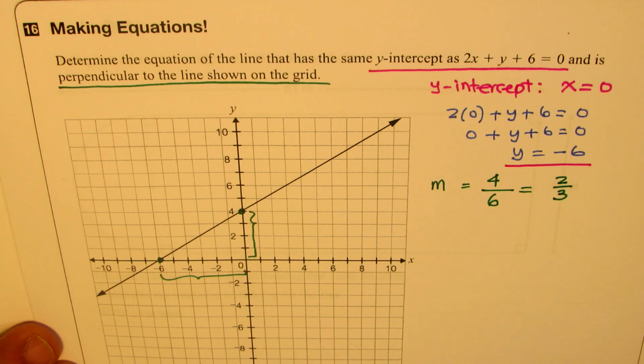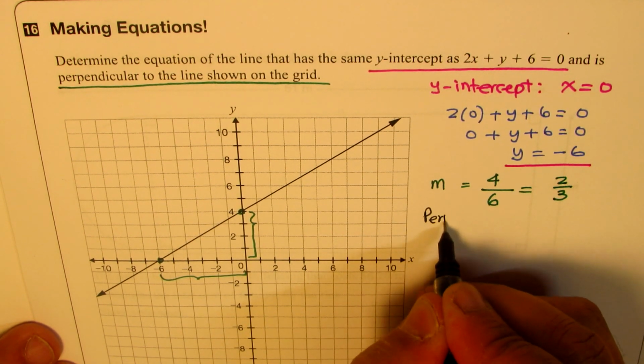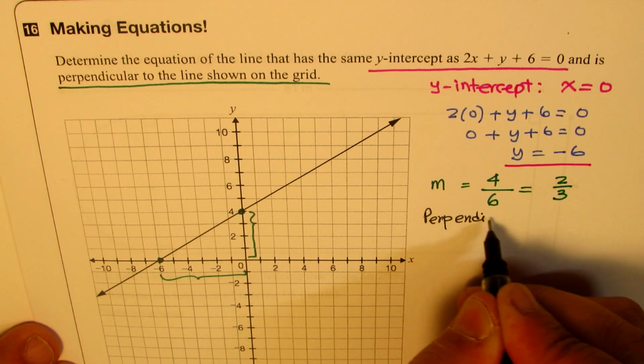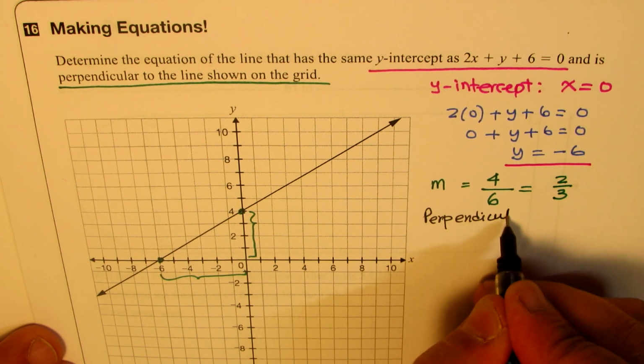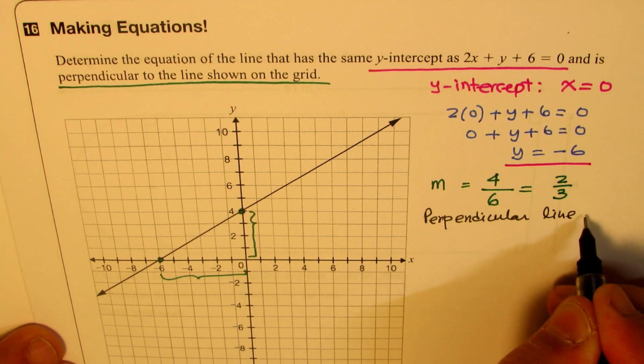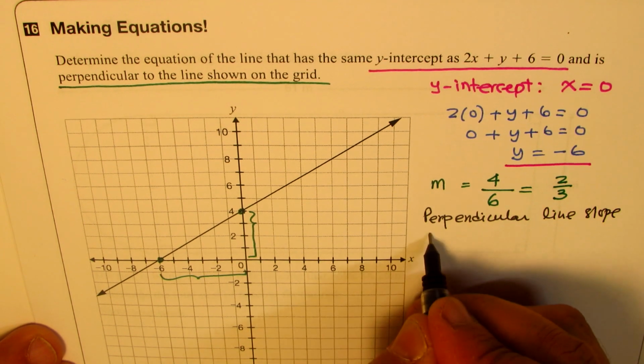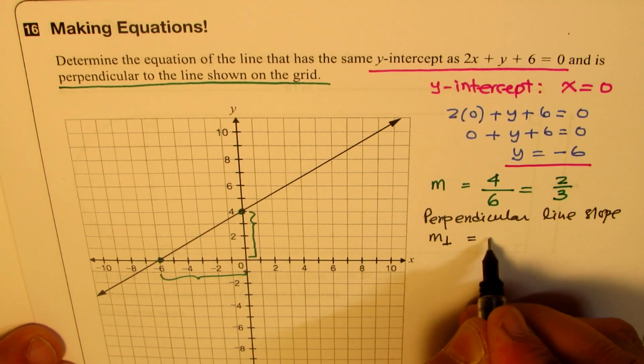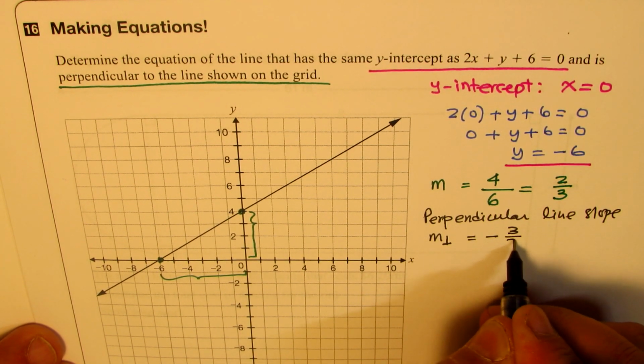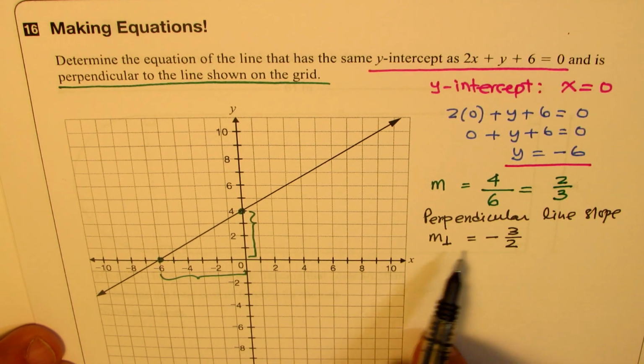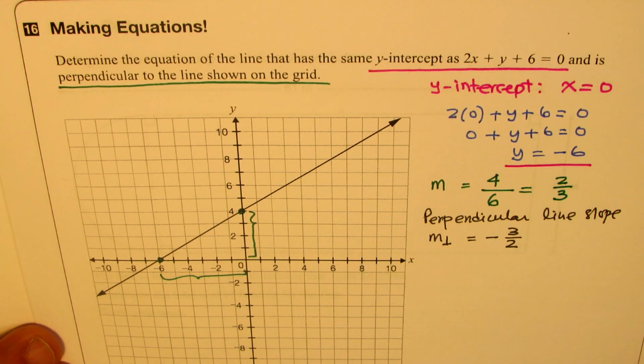Now, what is the slope of the perpendicular line? Negative reciprocal, right? So the perpendicular line slope, let me write it like this, m perpendicular, will be negative 3 over 2. Perfect. So we get our equation from these two conditions.